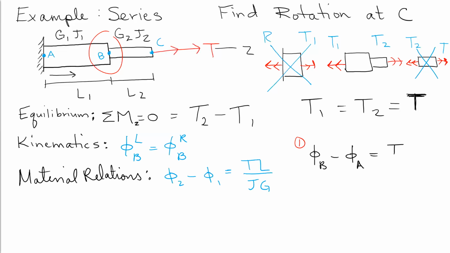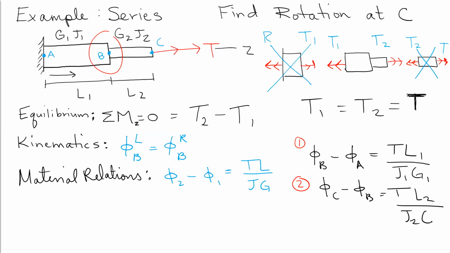T1 is just equal to T, the applied torque, multiplied by L1 divided by J1 G1. And for element 2, phi sub C minus phi sub B equals the torque times L2 over J2 G2.